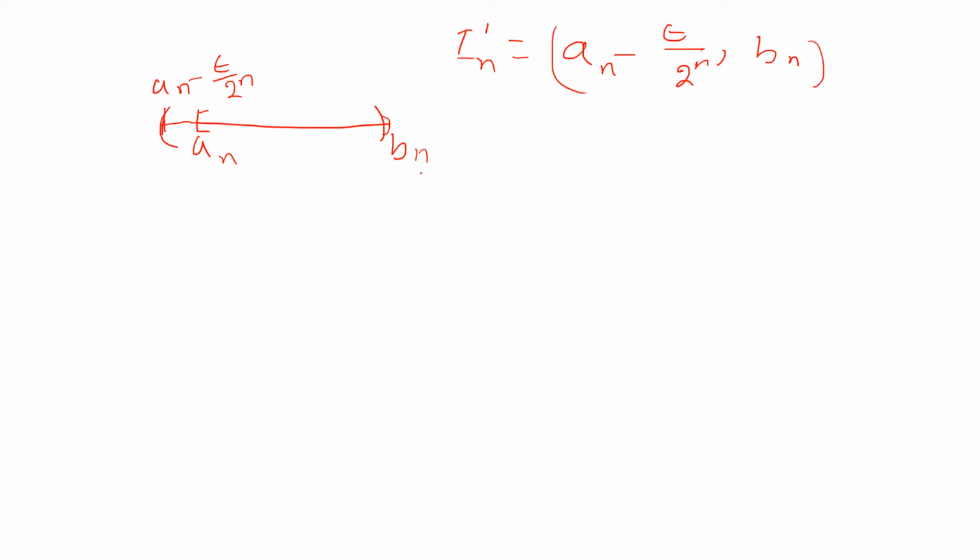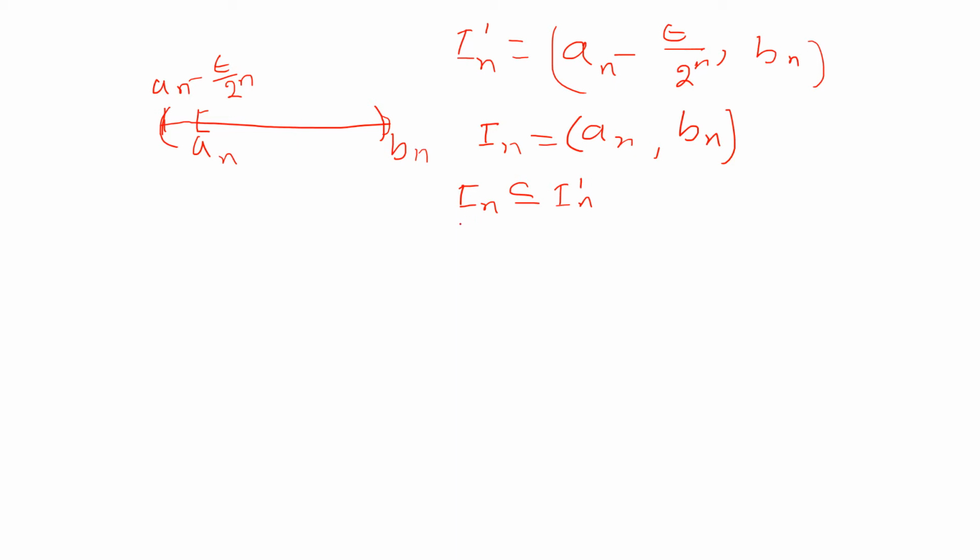The earlier original interval is I_n, equal to [a_n, b_n). So from the figure it is obvious that I_n is a subset of I_n prime.